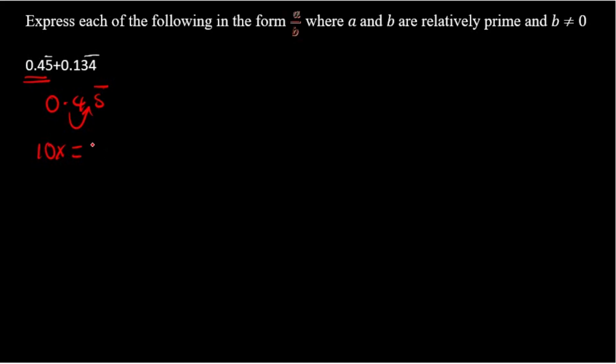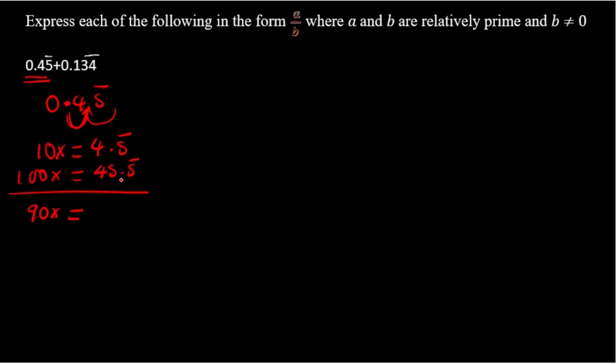So we have to say 10x here because we've just moved once. Then this point behind the number that is repeating, which is 1, 2. So we have to say 100x equal to 45.5 repeating.